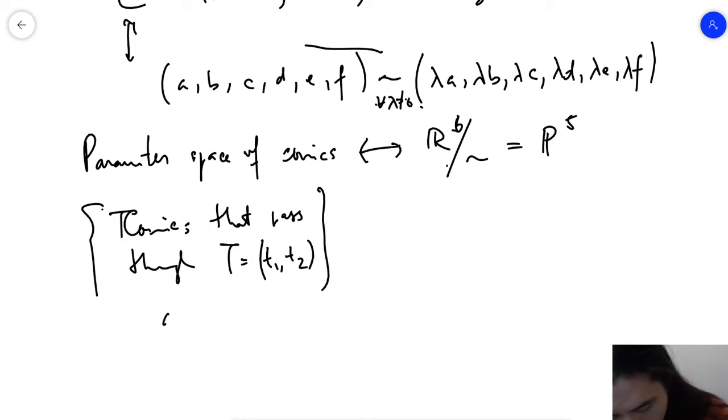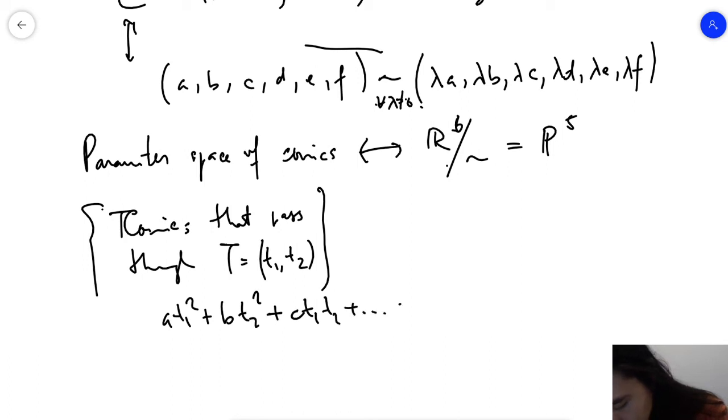That means A T1 square plus B T2 square plus C T1 T2 and so on is equal to 0. So in other words, the collection of conics that pass through this point is the collection that satisfy this constraint.